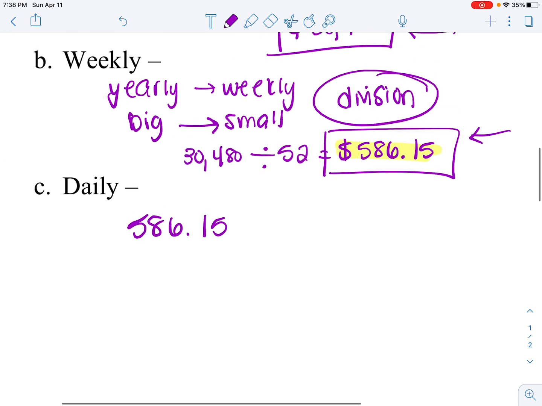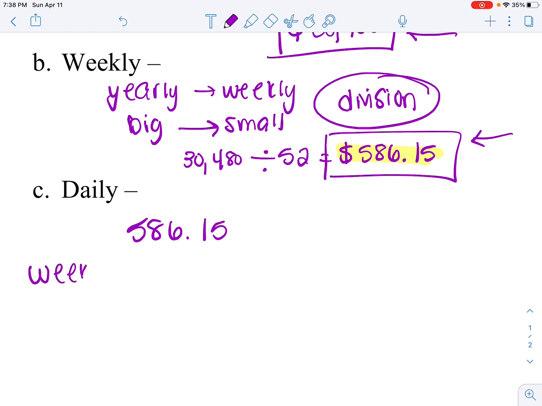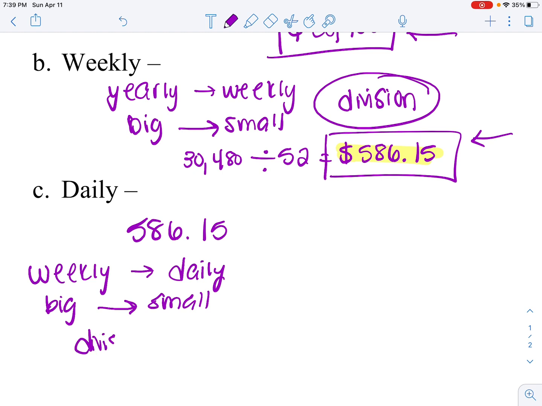And now since we're going weekly to daily, once again, choose which one is bigger. This is bigger, this one's smaller. And because we're going big to small, we use division once again. So we're going to take this number, we're going to divide by how many days there are in a week, which is 5.